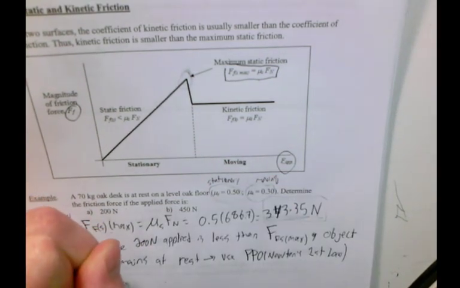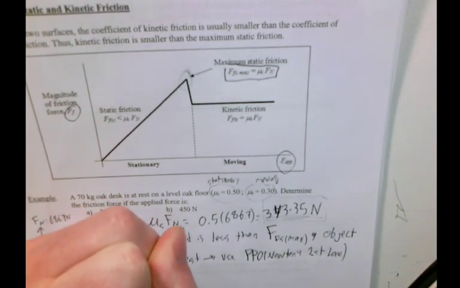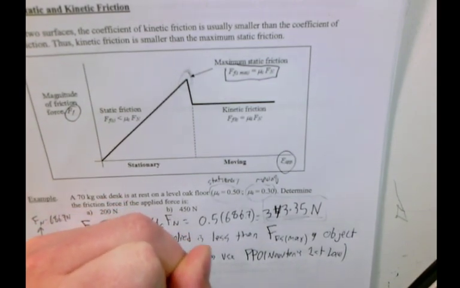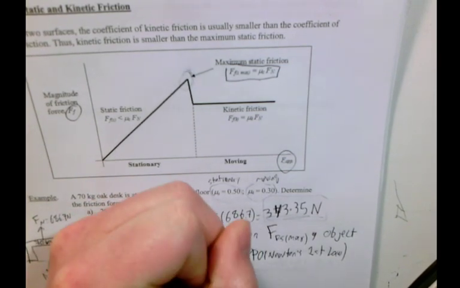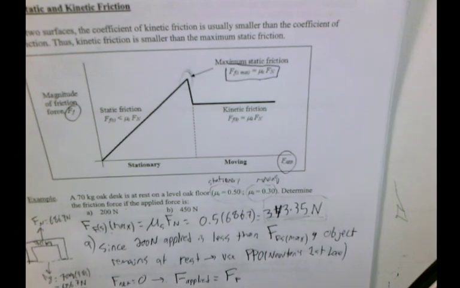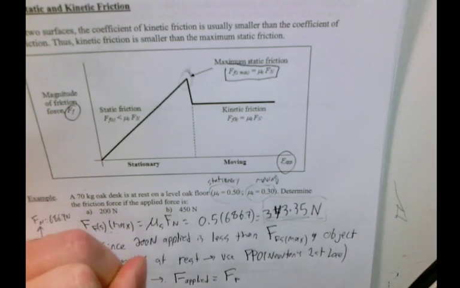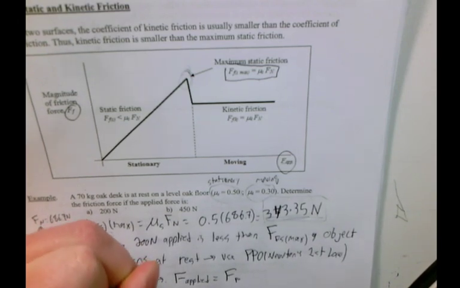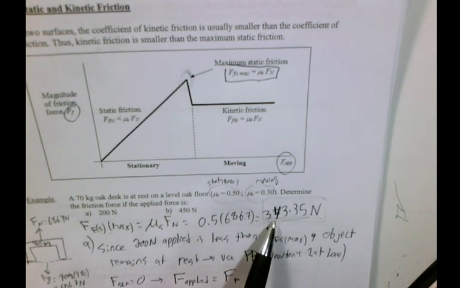So if F net is 0, then our force applied needs to be equal to the force of friction. Right? So here, our force of friction, static because we're not moving, because we're under our threshold or that maximum static friction value.